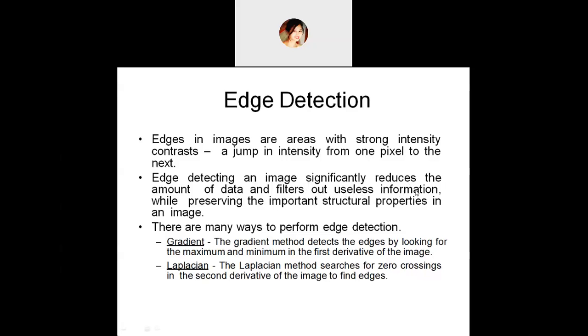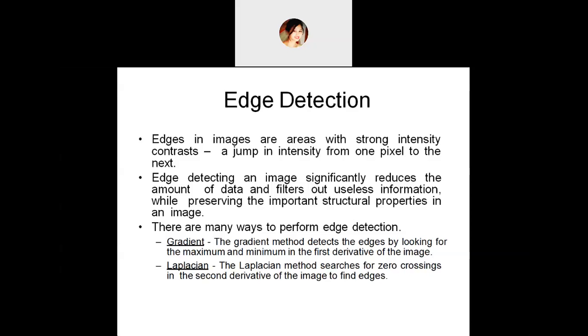It filters out the redundant data, that is, the useless information, and only keeps the important structural properties required to define the image. So just remember, edge detection is a very important part of image segmentation, which significantly reduces redundant data, and on the other hand, it preserves only the important structural properties in that image.